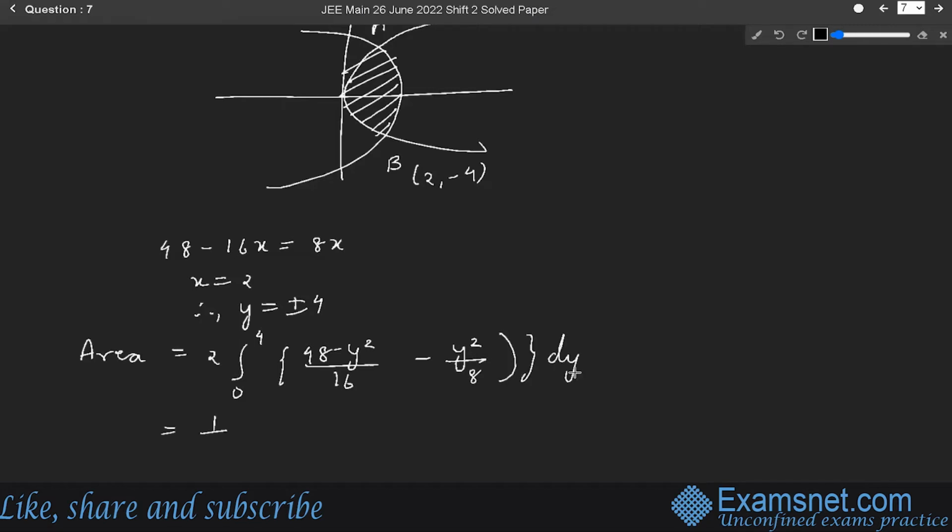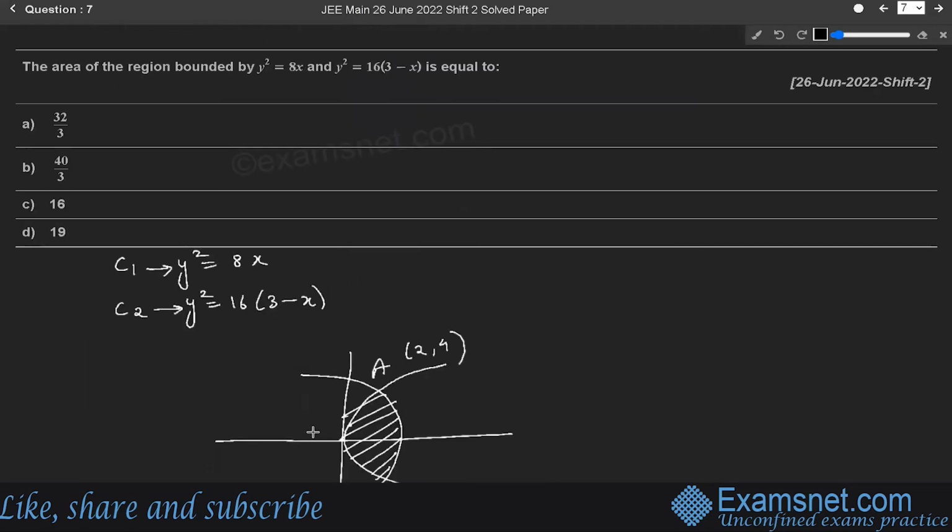So this will be equal to 1 by 8 into 48y minus y cube, and the limits are 0 to 4. On applying the limits, this will be equal to 16. Therefore, we can say that the required area is 16. Hence, the correct option is option number C here.